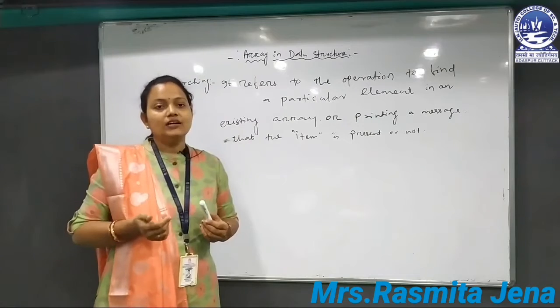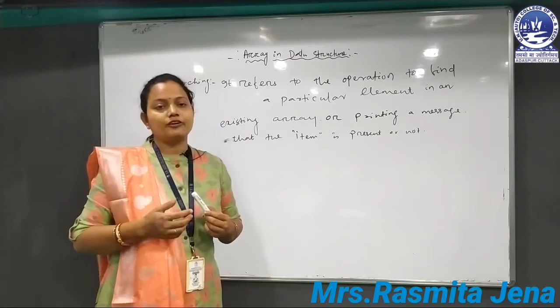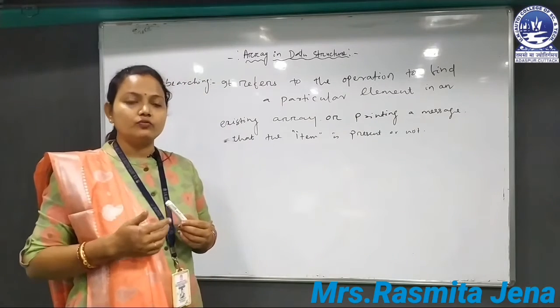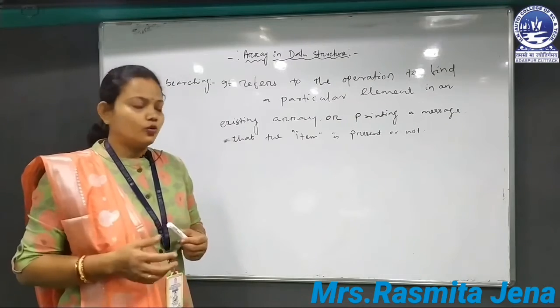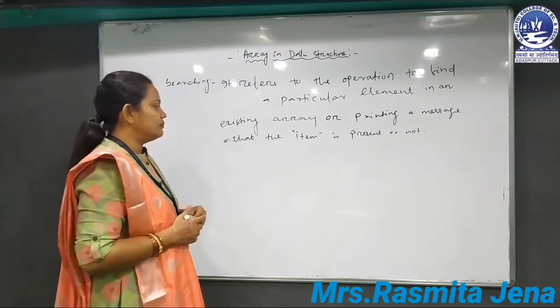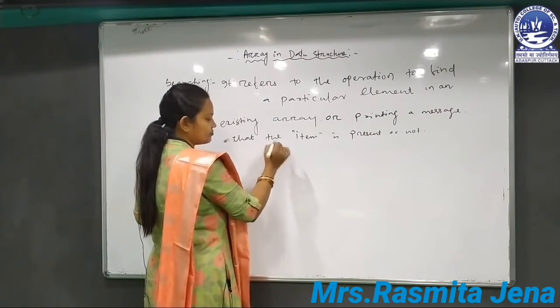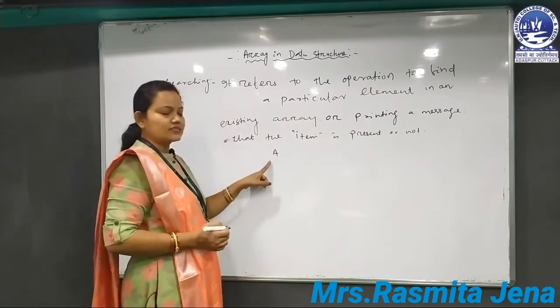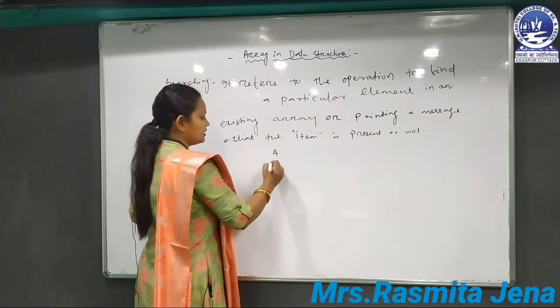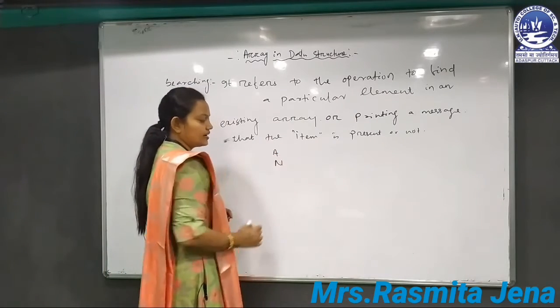So let us see what are the requirements for writing an algorithm or a function or a program. When we search an element, the requirements are: we need a linear array, suppose that array is A, and then the size of the array, that is n.